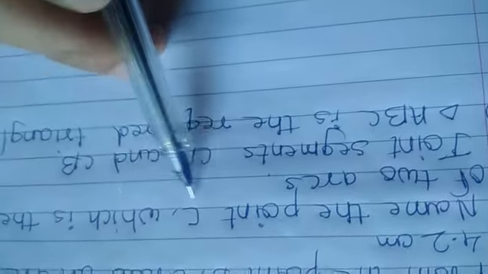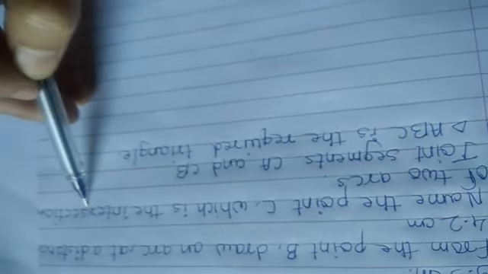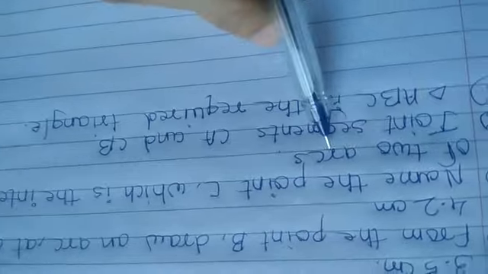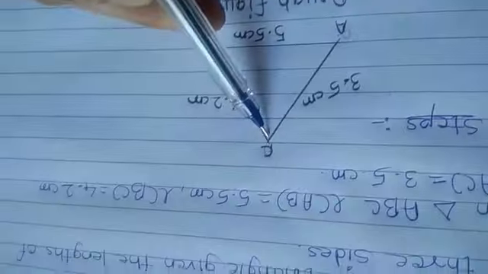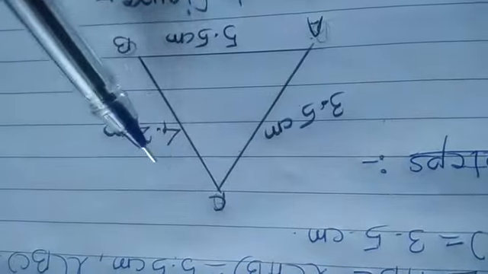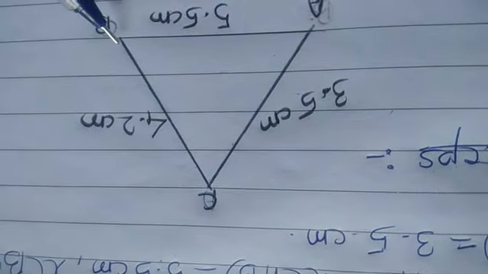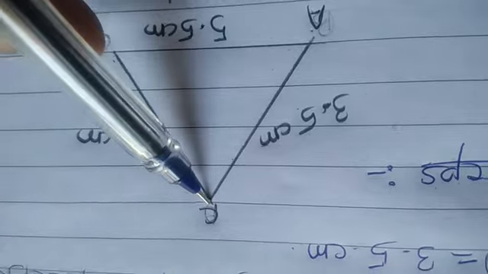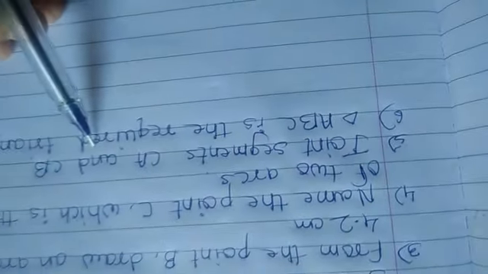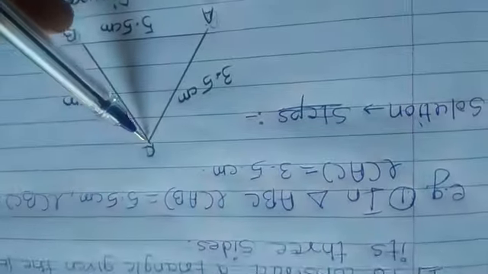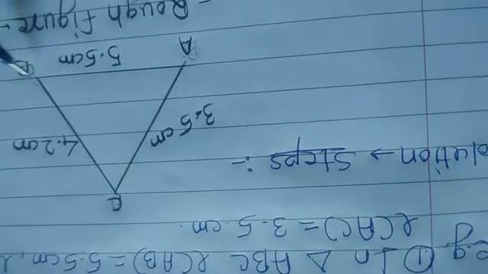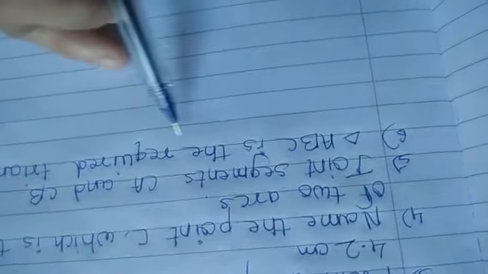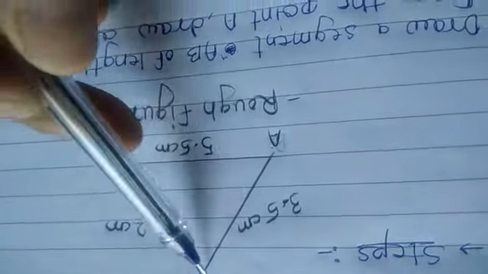Name the point C which is the intersection of 2 arcs. When we draw these 2 arcs from point A and point B, we give the intersecting point the name C. Now join segments CA and CB. Now this is the triangle ABC. That is the final figure of triangle ABC.